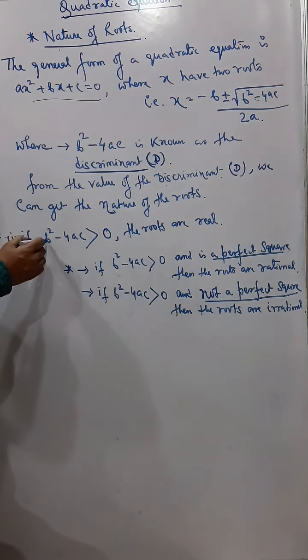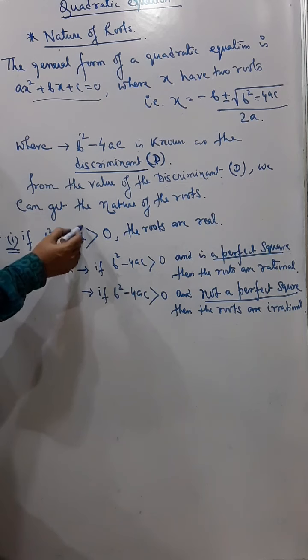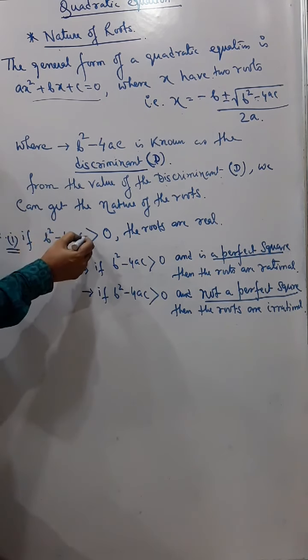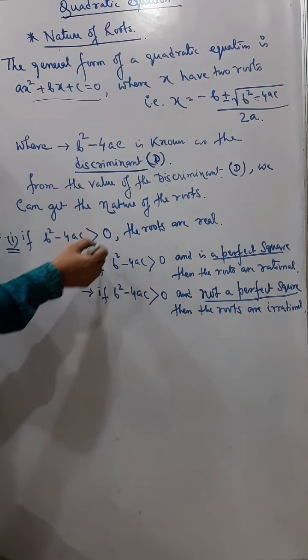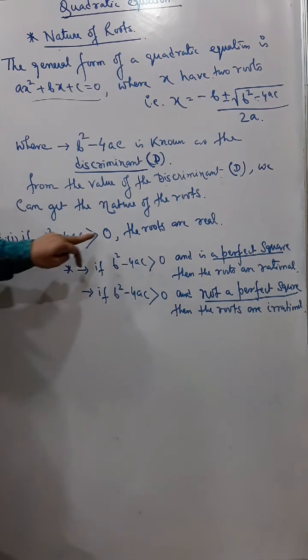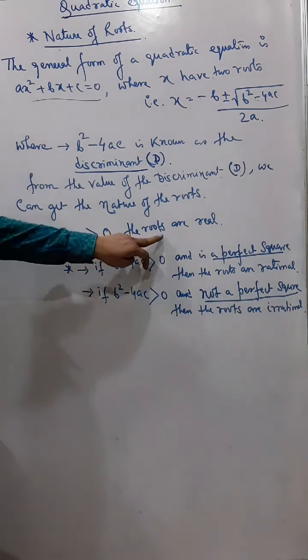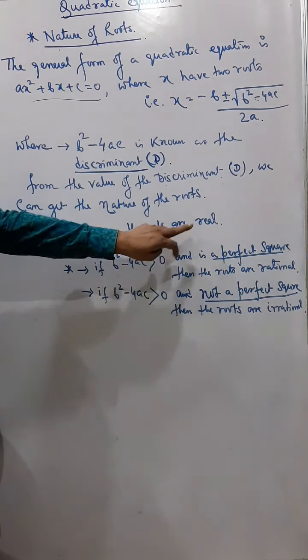Now, if b square minus 4ac is greater than 0, now whenever you are solving only the b square minus 4ac part and you are getting the value as greater than 0, in that case the roots are real.